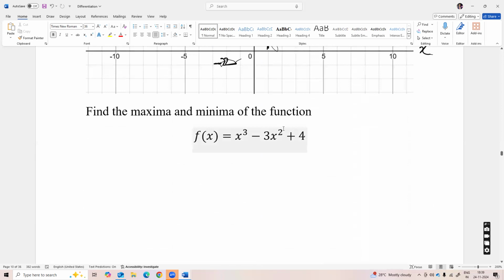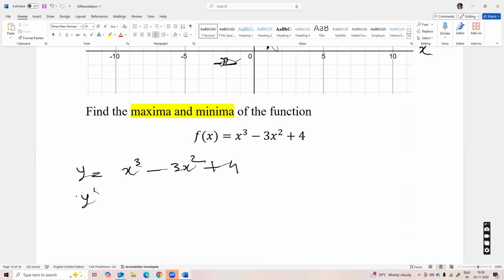Now we have the function x cube minus 3x square plus 4, and we have to find both maxima and minima, their location as well as their value. So the given function is x cube minus 3x square plus 4. Let's say y is equal to x cube minus 3x square plus 4.